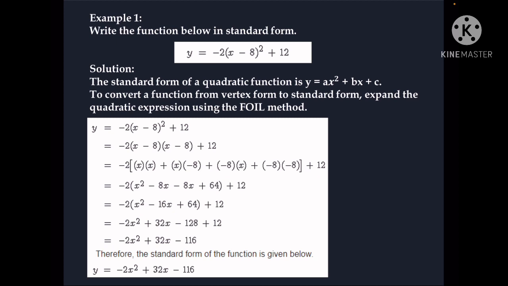Then we will multiply the inners and the outers, which will be done by multiplying x and negative 8 and x and negative 8, giving us the equivalent of negative 2 bracket x to the power of 2 minus 16x plus 64 plus 12. Then we continue by adding and subtracting to get the final standard form equation, which is negative 2x squared plus 32x minus 116.